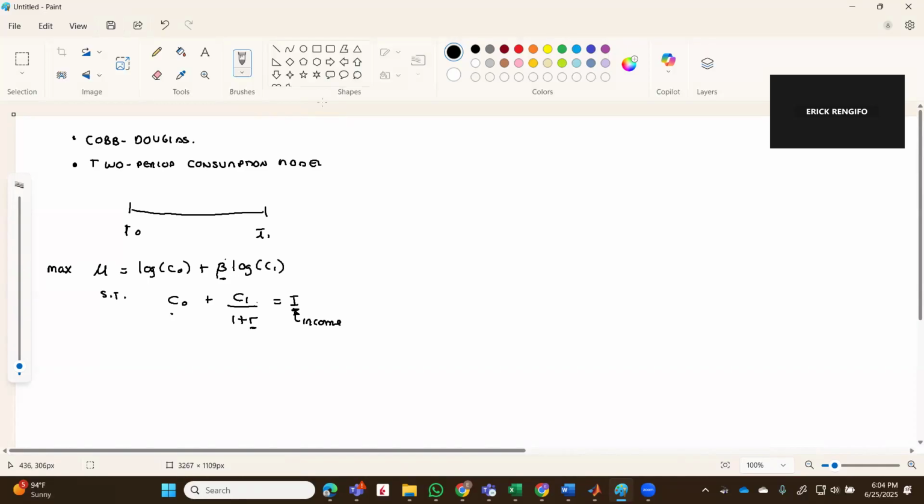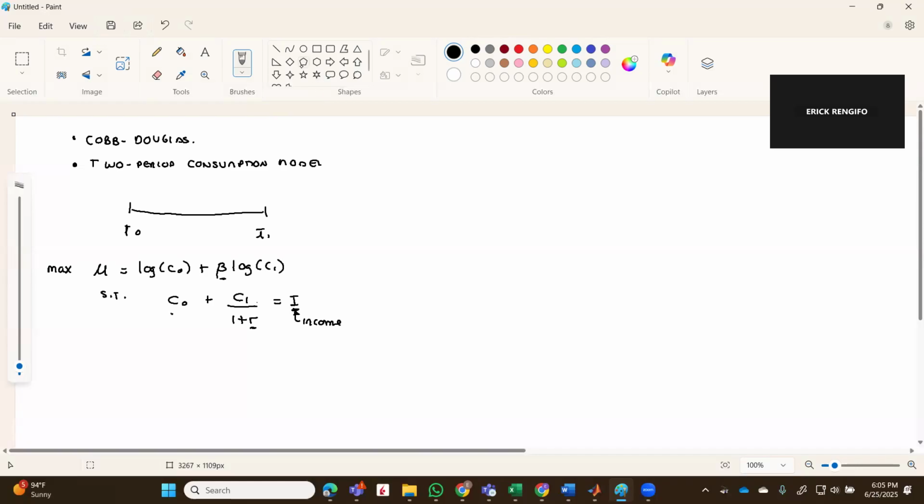The larger beta, guys, this implies that you prefer to sacrifice current consumption for future consumption. Make sense? The larger R also implies that. So if the interest rates in the banks are larger, you're going to be more willing to sacrifice or to save now to consume in the future. Got it? So that's basically the basic idea.